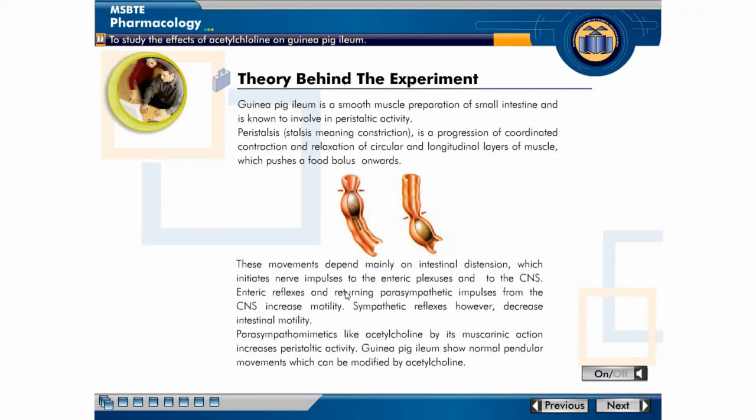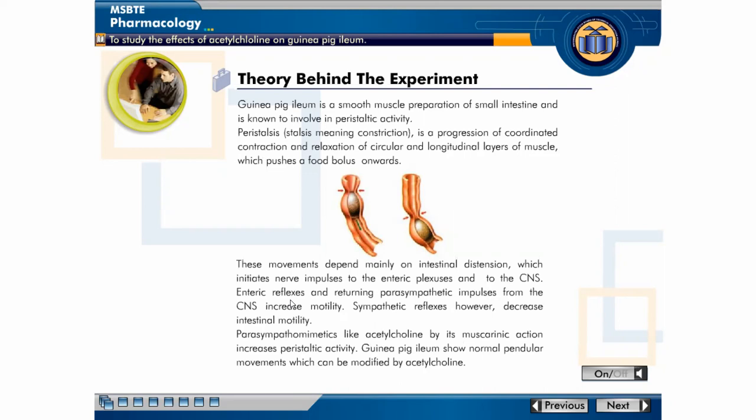When peristalsis occurs, there are enteric reflexes, that is, nerve impulses are generated. These nerve impulses or enteric reflexes increase the peristaltic movement when transported from the CNS to the parasympathetic nerve fiber, and therefore they show an increase in peristaltic movement.